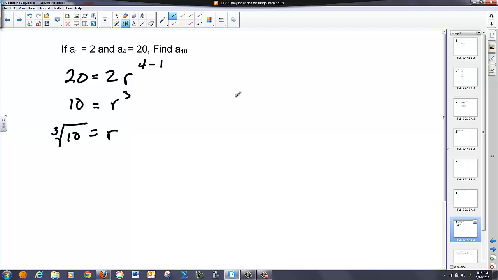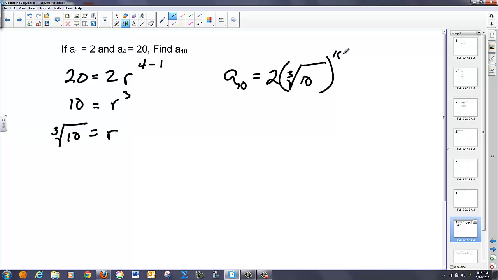And now I'm looking for my 10th term. So a sub 10 is equal to my first term, which is 2, times the ratio cube root of 10 raised to the 10 minus 1 power.